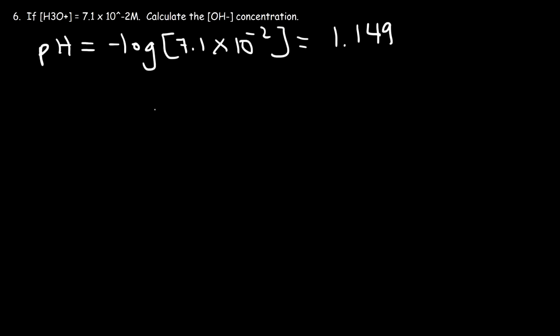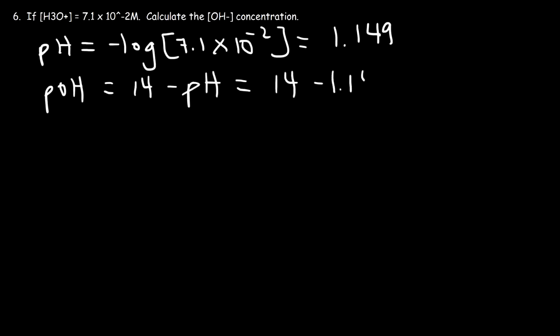So now I'm going to calculate the pOH. So that's 14 minus the pH. So 14 minus 1.149 is 12.851. So once I have the pOH, I can easily calculate the hydroxide concentration.